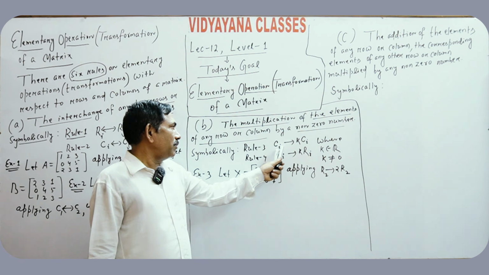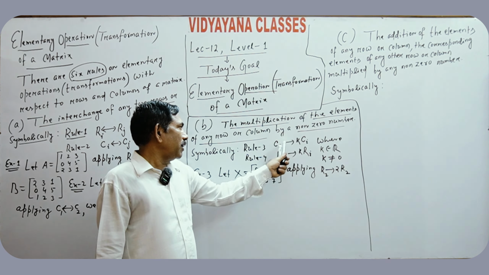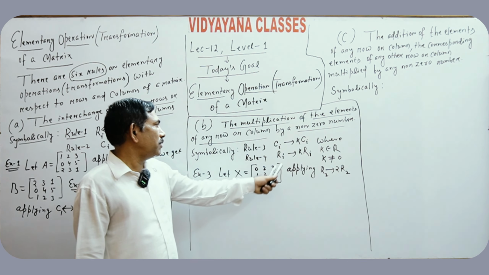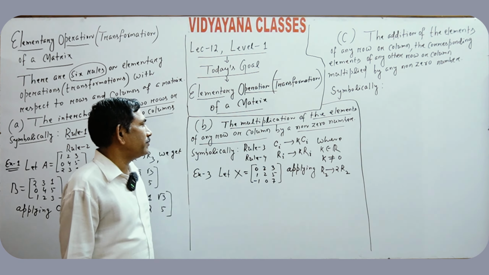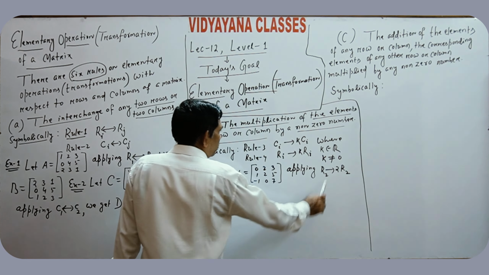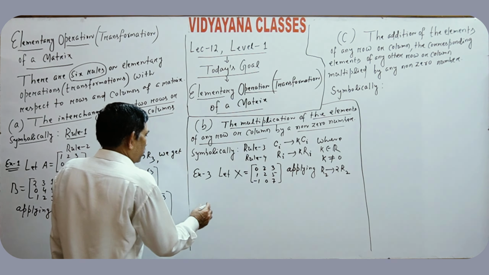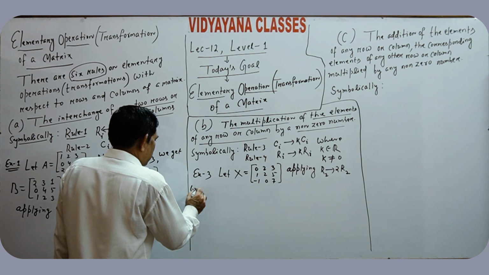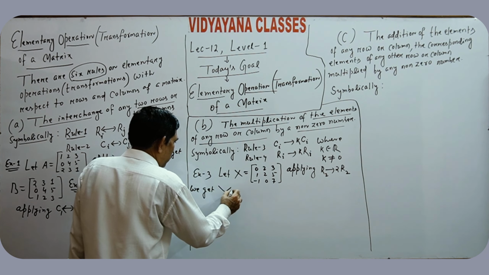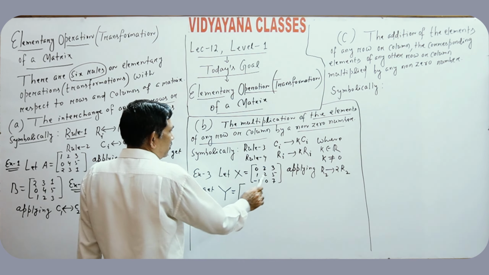That means ith row can be replaced by k times of ith row, and ith column is replaced by k times of ith column. Row 2 is replaced by 2 times of row 2. We get another matrix, suppose it is Y. There is no change of row 1 and row 3.